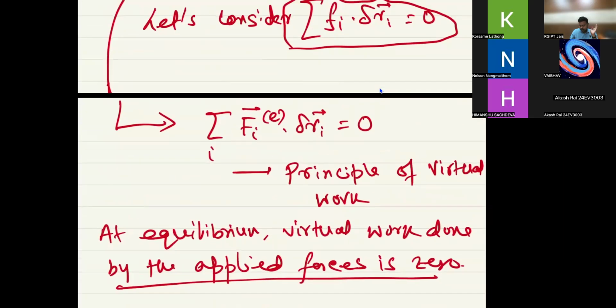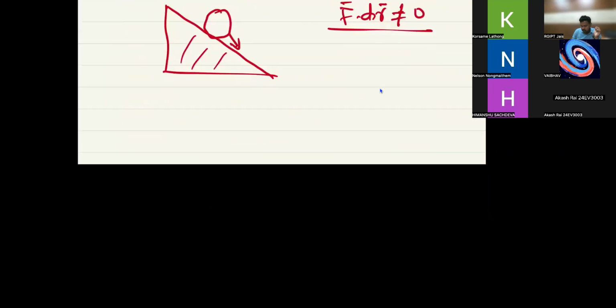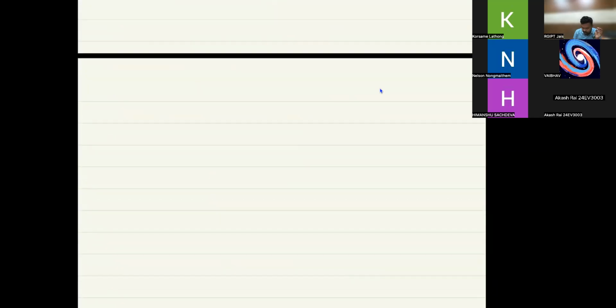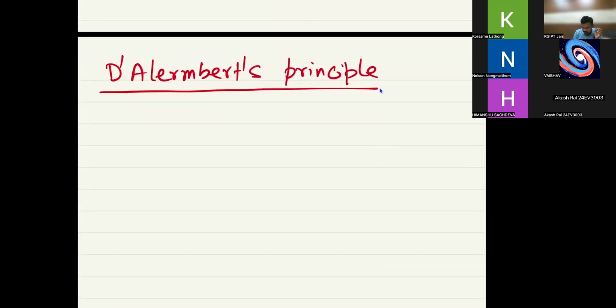So this is the principle of virtual work, and it is applicable when the system is in equilibrium. But now we'll do another derivation, which is called D'Alembert's principle. In this case, the system is in dynamic equilibrium.